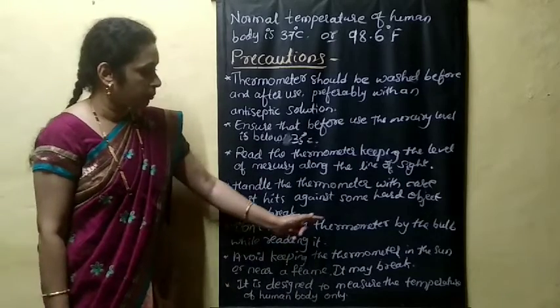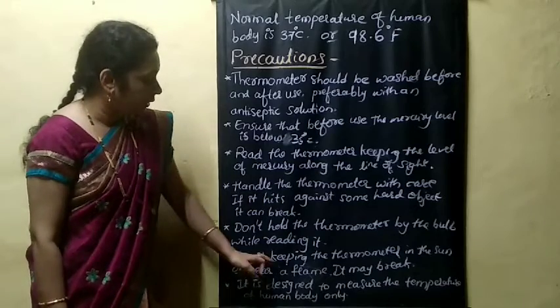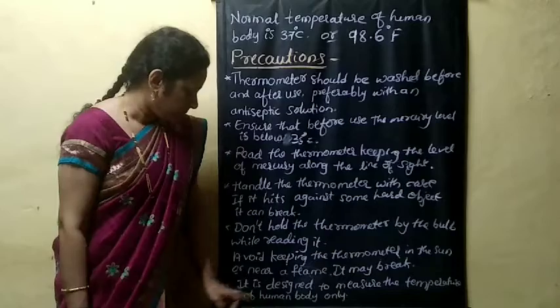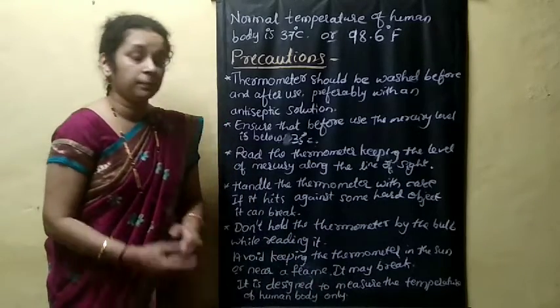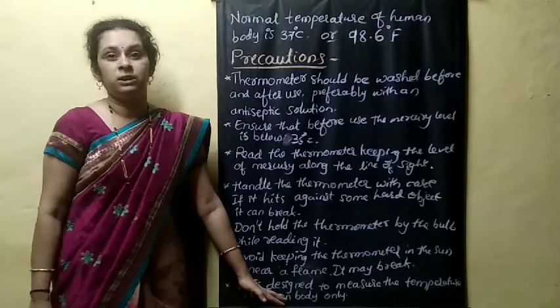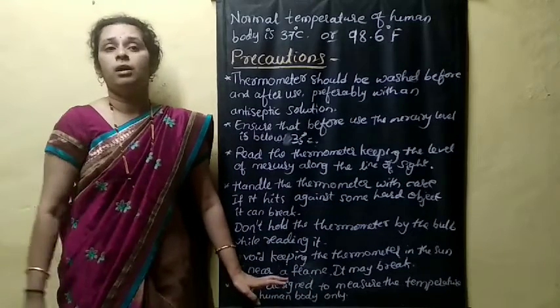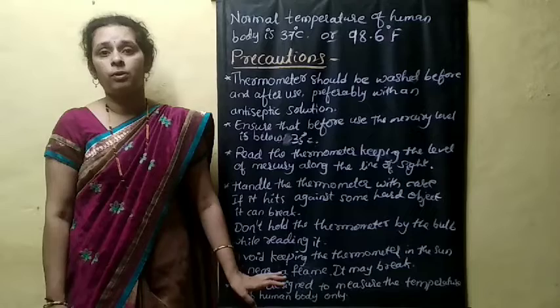Do not hold the thermometer by the bulb while reading it. Avoid keeping the thermometer in the sun or near a flame. It may break. It is designed to measure the temperature of the human body only. Okay, this is not a precaution; it is mentioned because it is designed only to measure human body temperature.